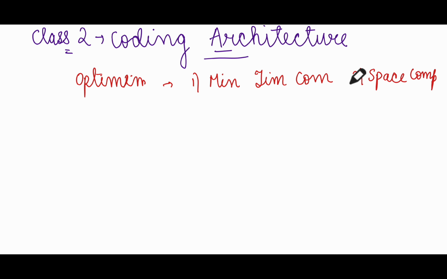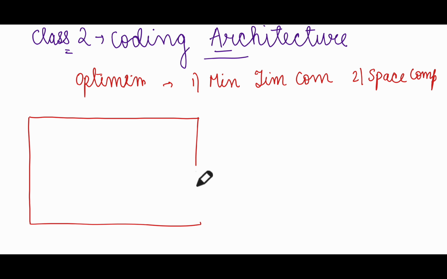Now before I begin, I would like to ask you one thing. Let us say there are two codes. For example, here I have two codes present. So let's say there are two systems, and we are running two codes here. Here we run code 1, and here we run code 2.